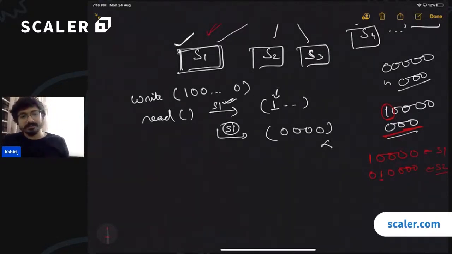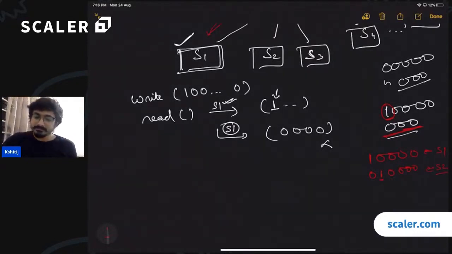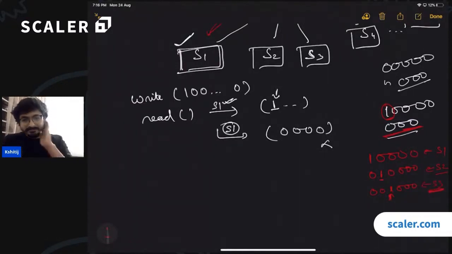And if it is not getting returned, then S2 definitely is faulty, right? Similarly, if you want to check S3, you can set a set bit in the third position. If you don't get the third bit as set, you can definitely say that S3 is faulty. Now, does this make sense to everyone?